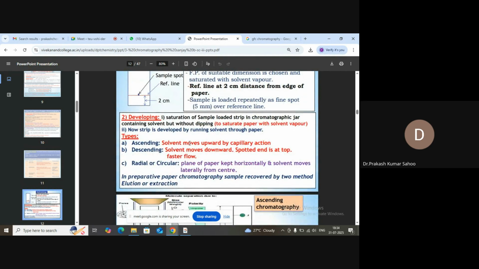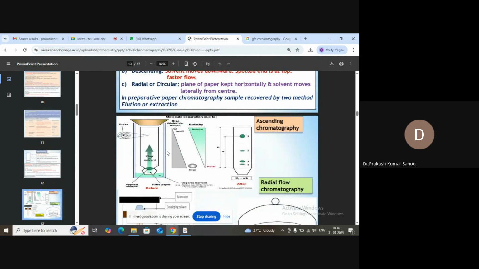Okay. Then after this, we will have a chromatogram chamber. It's just a small beaker or a glass box you have. So this is known as a chromatogram.